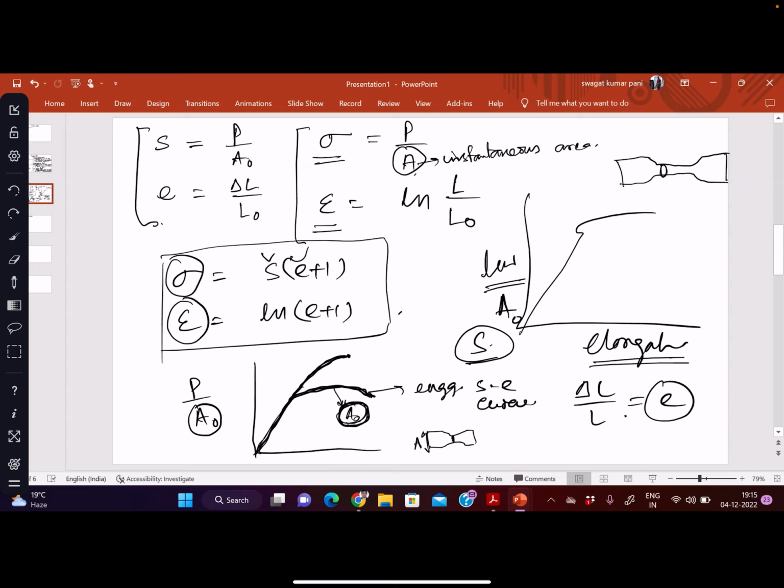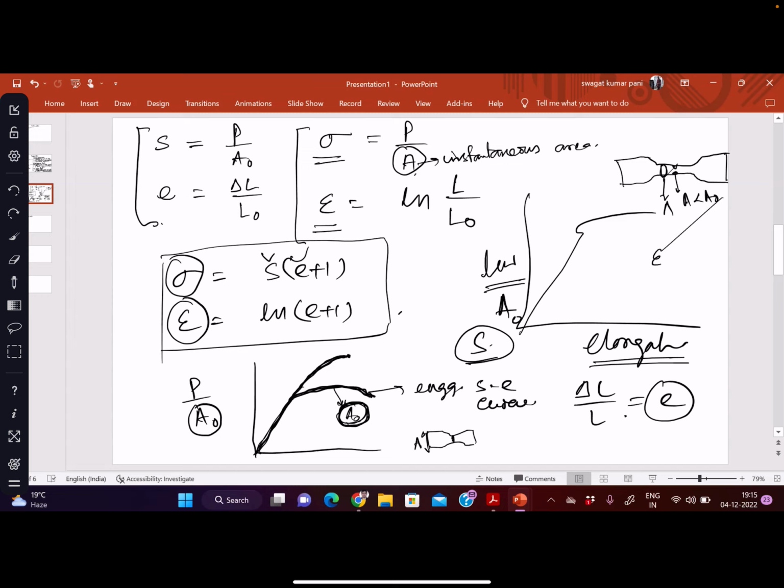So this is the cross section area, initially we take as A0. But when necking happens at the highest point, I will go to that, how necking happens and what is the condition for instability. So when necking happens at this region, it becomes thinner. So this area is less than A0.